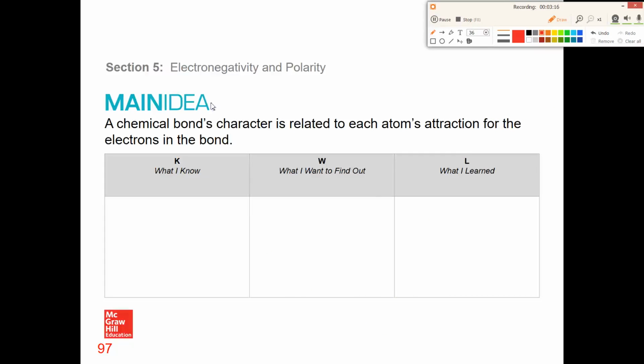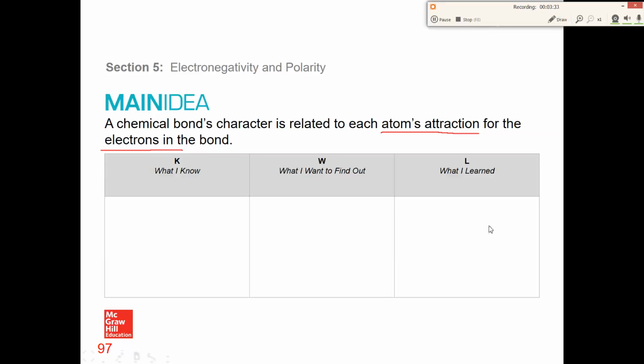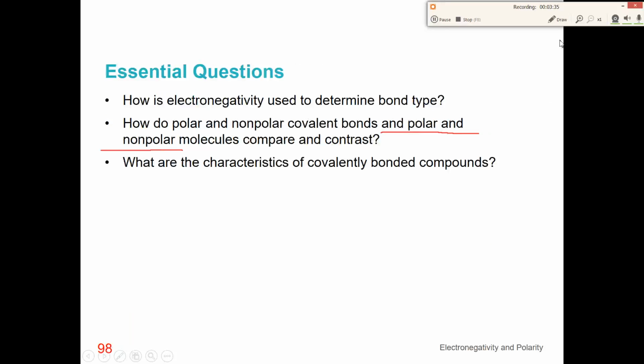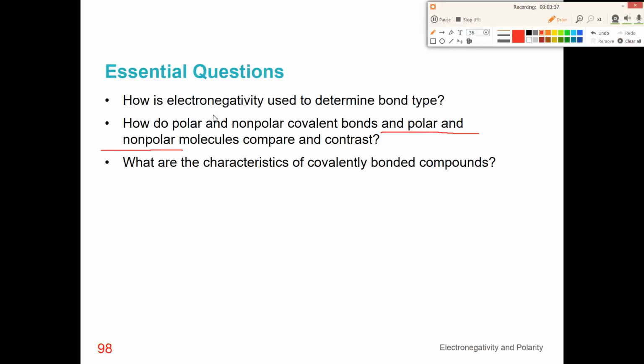Right, so in this section we're going to talk about atomic attraction for electrons, electron distribution, something like that. We briefly mentioned electronegativity before.